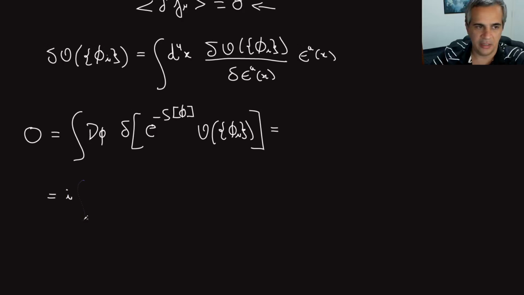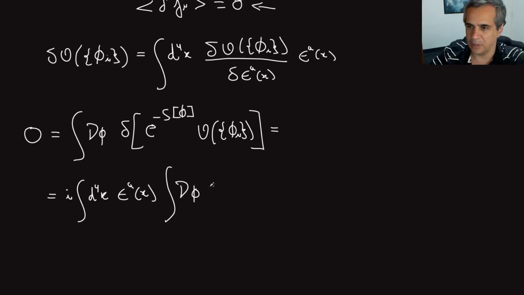Maybe it's just i ∫d⁴x ε_a(x) times the integral Dφ exponential of S[φ], right? And then I have the variation of these two pieces.